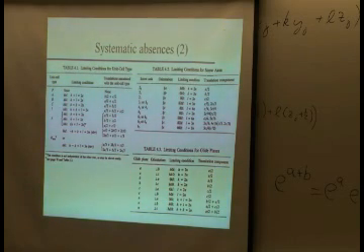Don't memorize that table. It'll do you no good. Okay? Because if I ask you to derive some systematic absences, I want to see that math and I want to see the rules spelled out. Just knowing the result is not going to help you if you don't know the rules, okay?